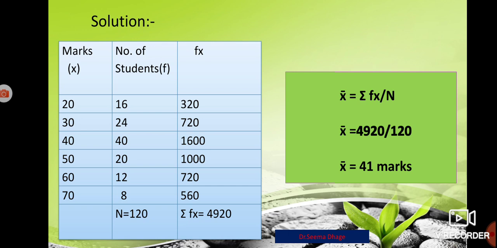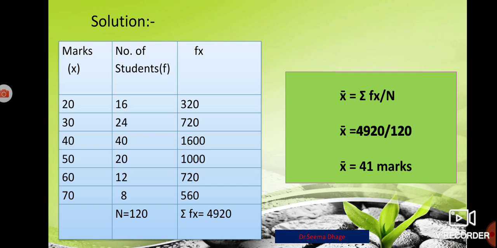Then we have to obtain the sum of all these products. So 320 plus 720 plus 1600 plus 1000 plus 720 plus 560. So sigma fx is equal to 4920.